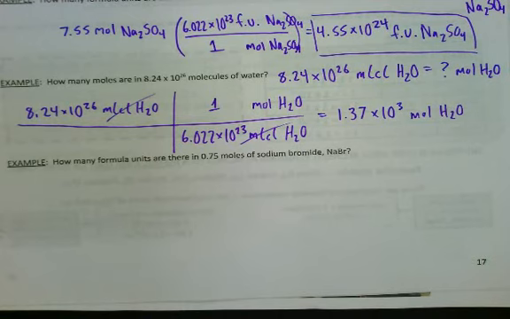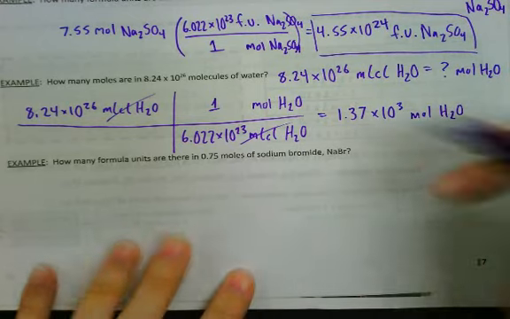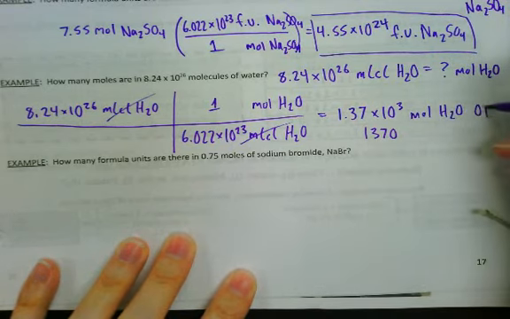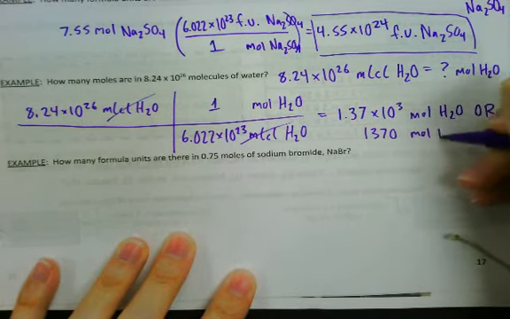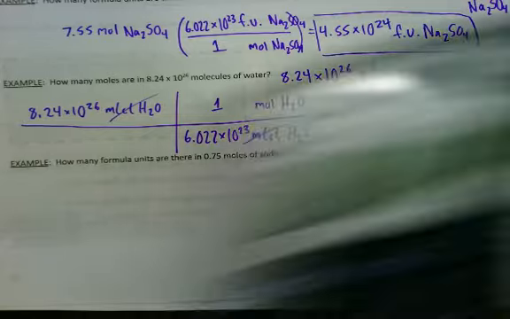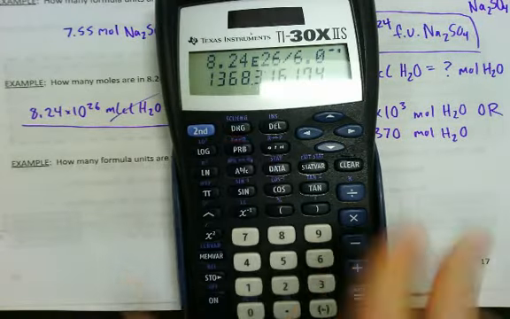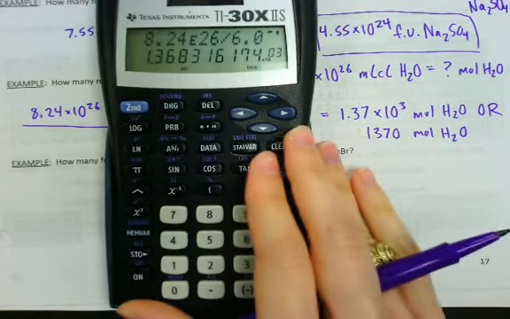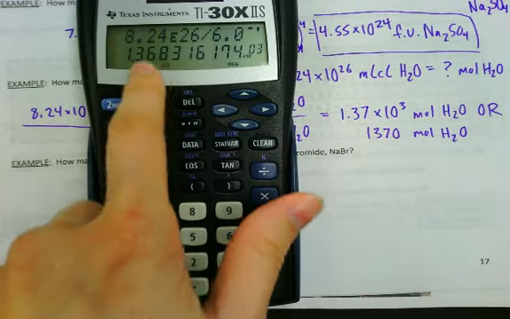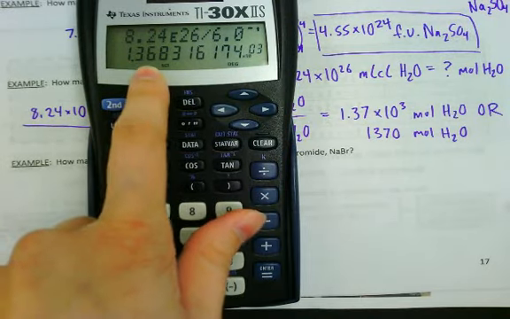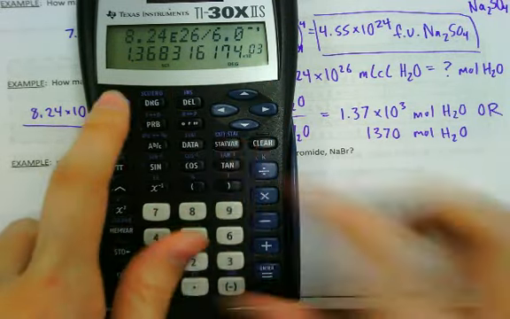Did anybody else write it a different way? Yes? I just wrote it 1,370. Is that also 3 sig figs, representing the same number? Yes, you can write this either way. So, if you were in scientific notation mode, your calculator would spit it out like this, and you could round to 3 sig figs, 1.37 times 10 to the power of 3.